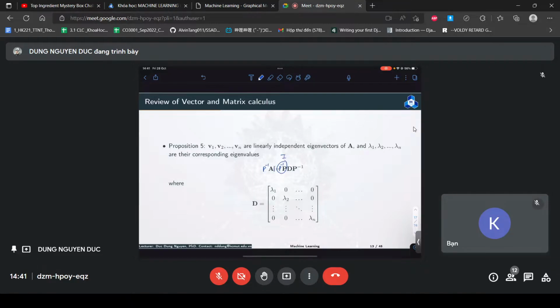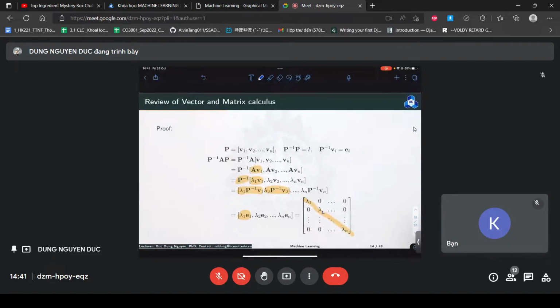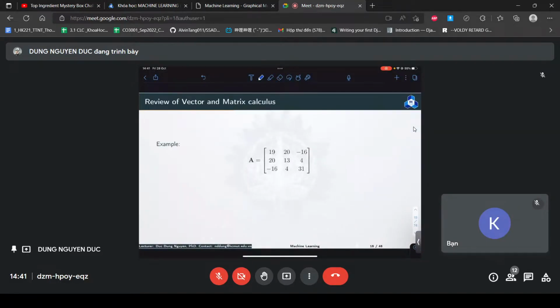And then if I multiply P with A over here, I would have P over here. And this is also another identity matrix. So this gives you P minus 1 AP equal D. Okay, so this is why you have something over here like this one.